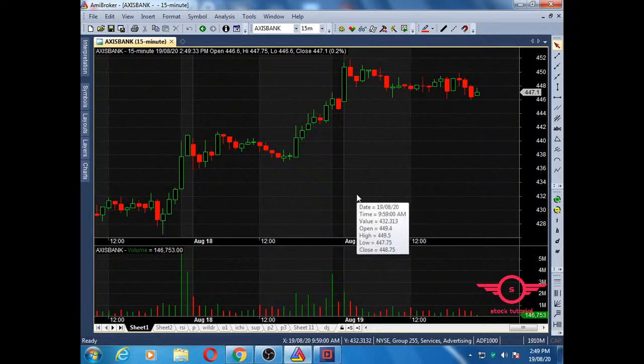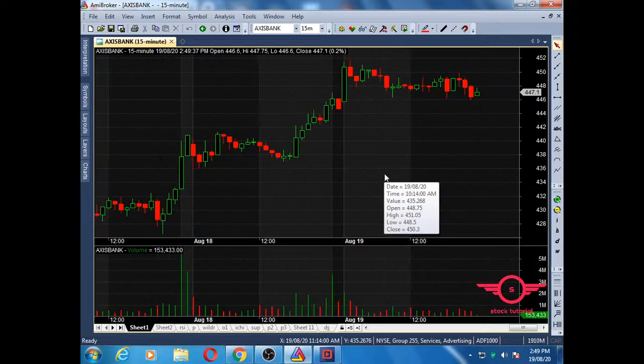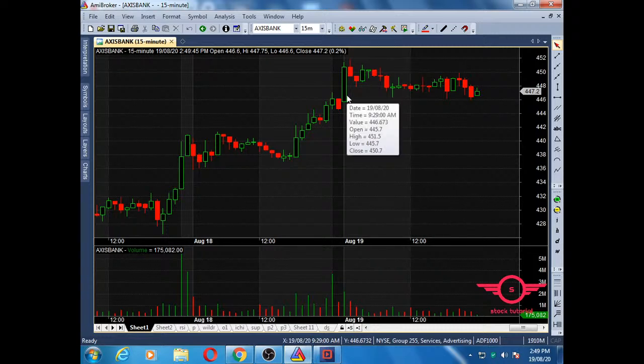In that case, actually a distribution started here. Some of the big traders may exit, or they short it. Though it is in a range.